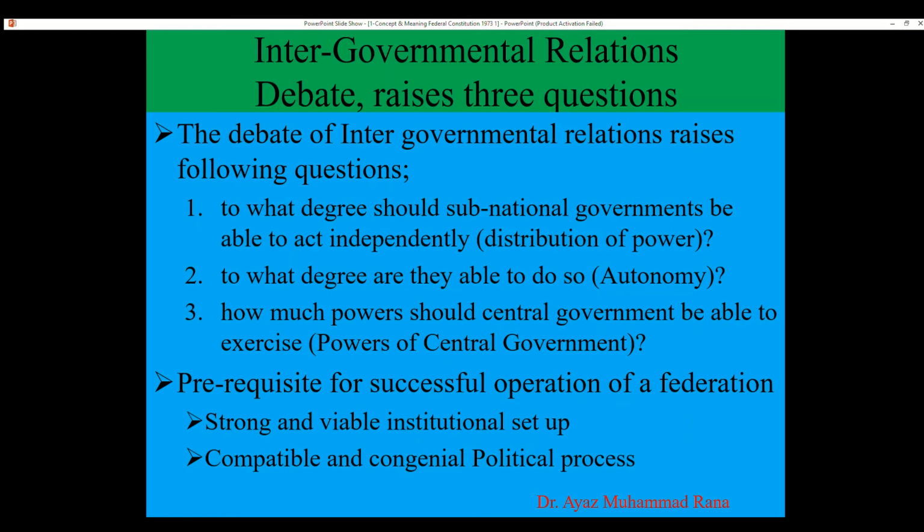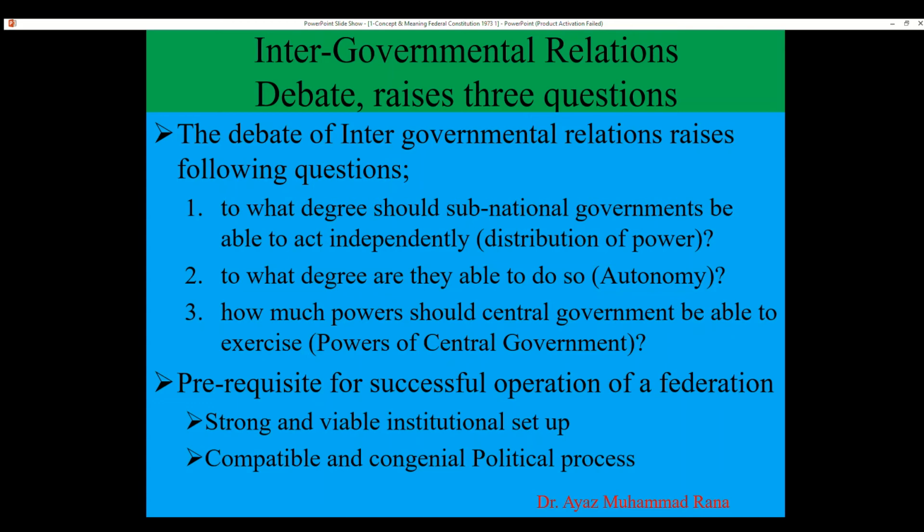It means how much power has been transferred to the subnational government. Second, how much autonomy is provided to exercise these powers in their domain?